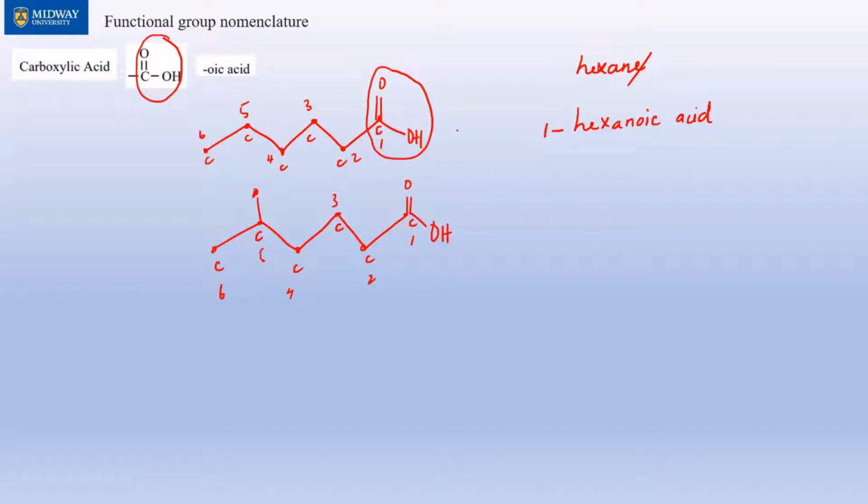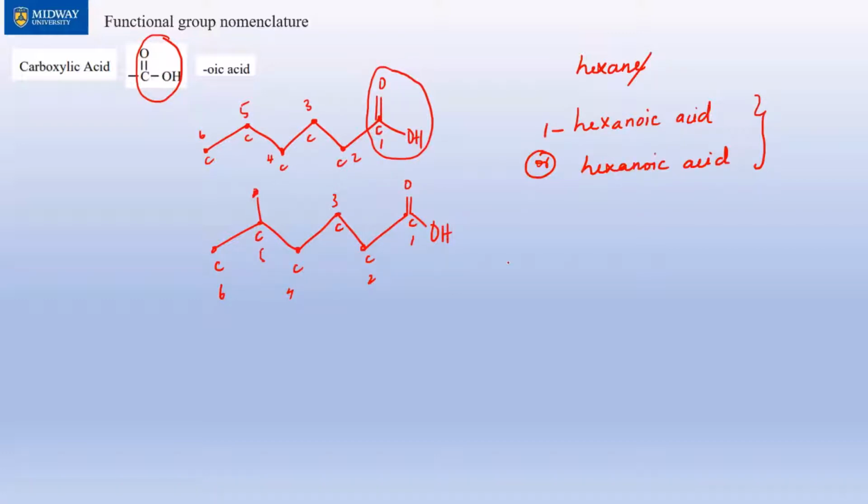You can also leave it as just hexanoic acid. Why? Because you know that C is part of the chain, but it's also part of the functional group. So both are correct: 1-hexanoic acid and hexanoic acid.